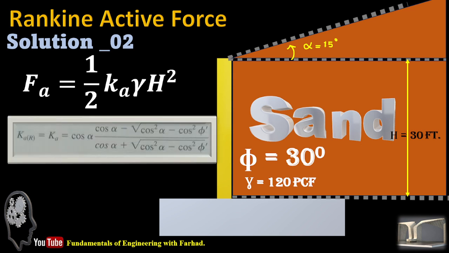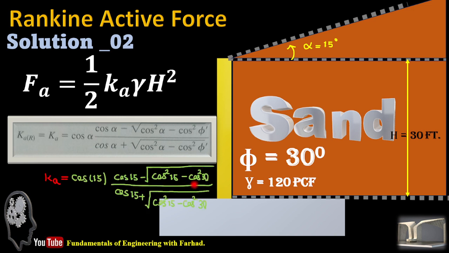So in that term, if we take our Rankine active force FA and replace in our equation, we have 15 degrees for our alpha and phi prime is 30 degrees. Replace that, it just gives you a Ka, which is very similar to Ka of Coulomb. That time it was 0.4, and now we have 0.373, which is very close to the previous approach.